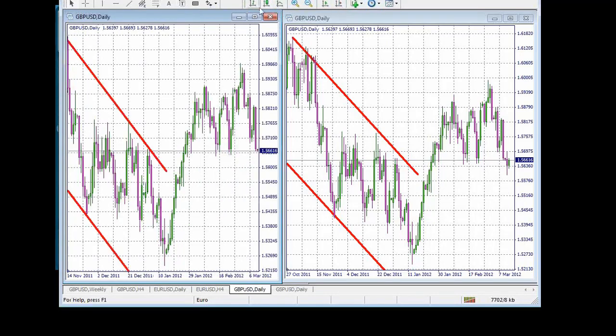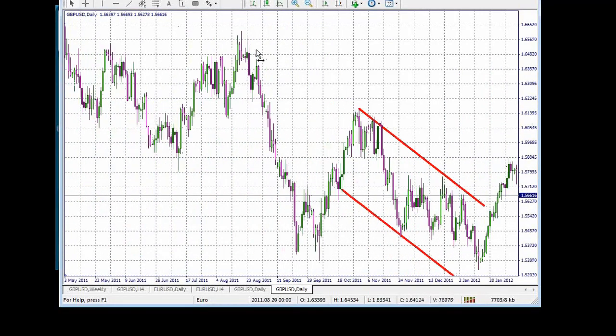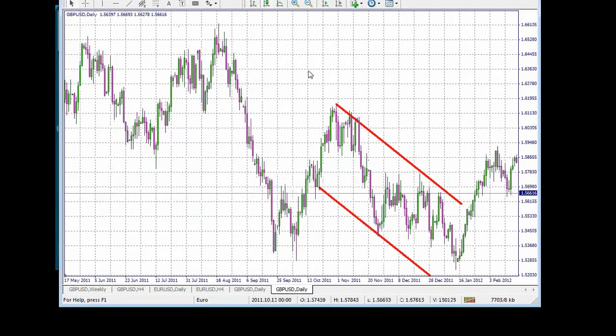So if I'm making an analysis for daily and 4 hour, I can see that there is one point that will mark the reversal of the trend.